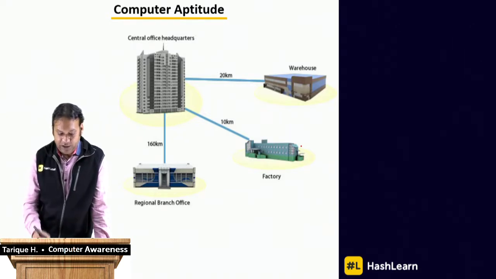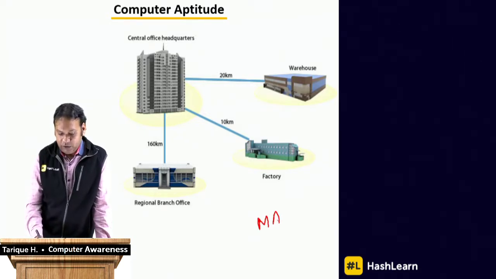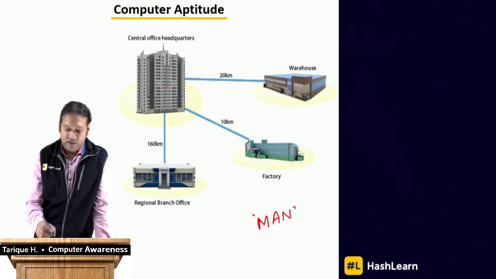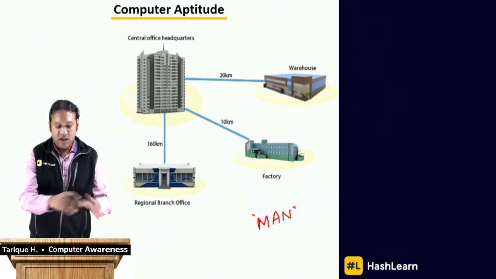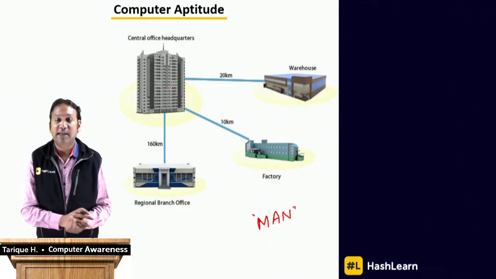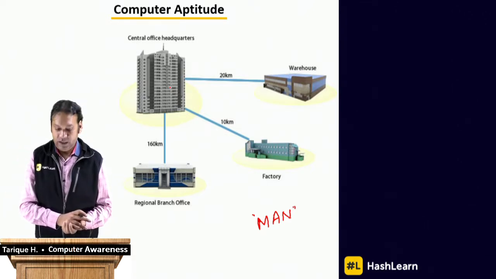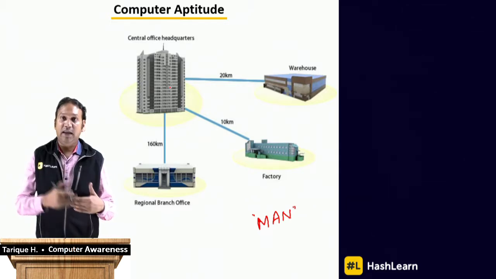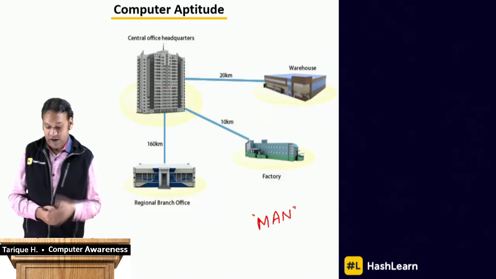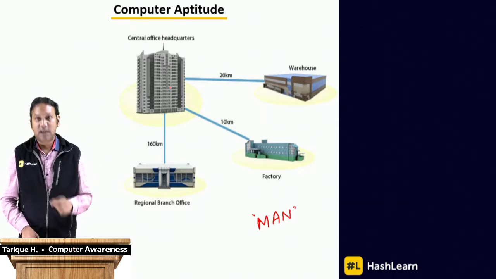Third is the metropolitan area network, MAN, where we have a city in which we have a factory, a warehouse, a regional branch office, a central office headquarters, within the range of 160 to 200 kilometers, and all of these are connected to the central office headquarters, and that would be called a metropolitan area network, right? So smallest reach is LAN, then comes MAN, and the largest in terms of geographical area and reach is WAN, that is wide area network. So that's about the types of computer networks that we see.